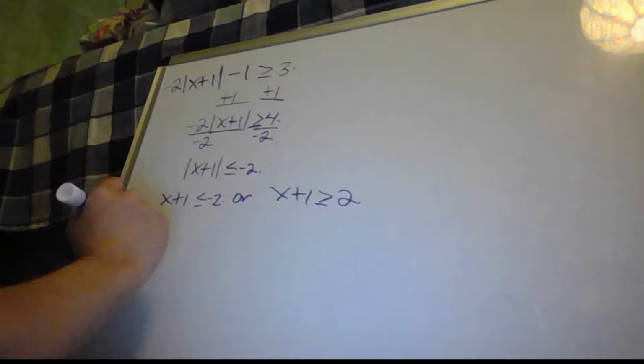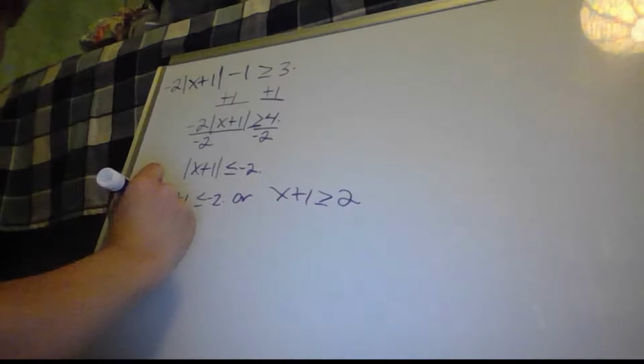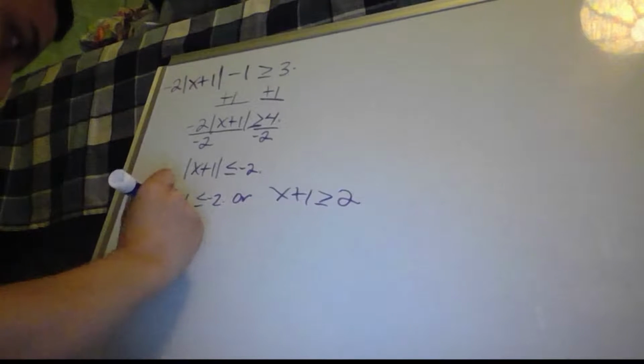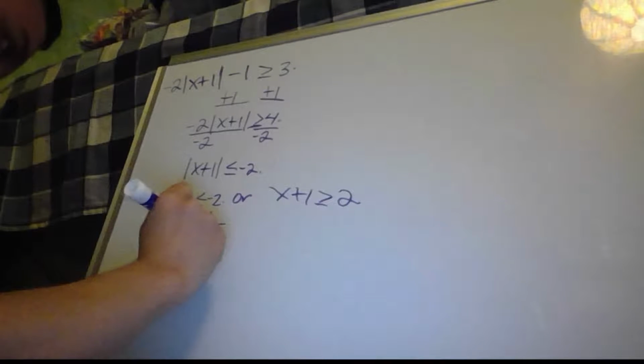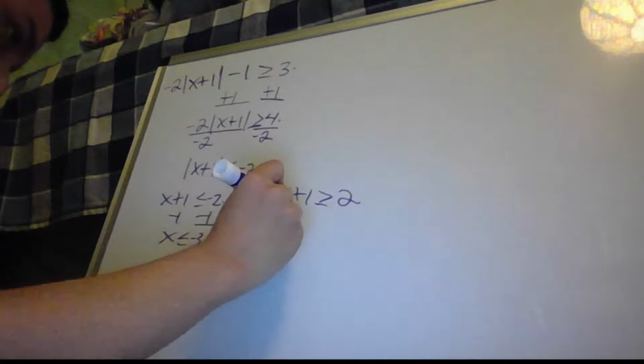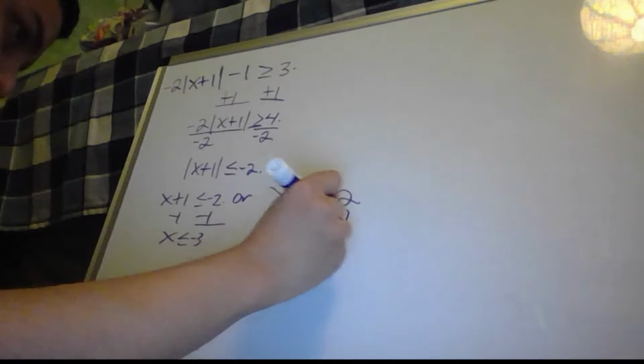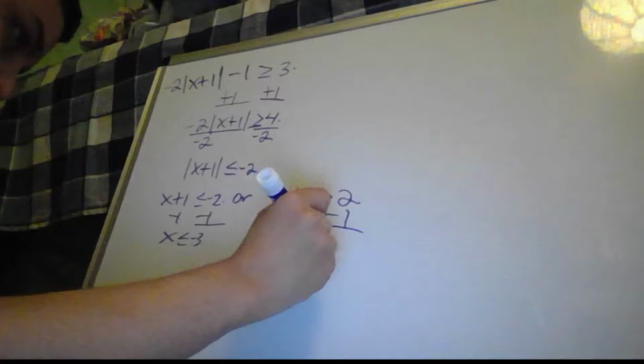It's crazy, I know. It's weird. But you then subtract 1 on both sides for this one. You get x is less than or equal to negative 3. And then you do the same thing for this one. You subtract 1 on both sides. You get x is greater than or equal to 1.